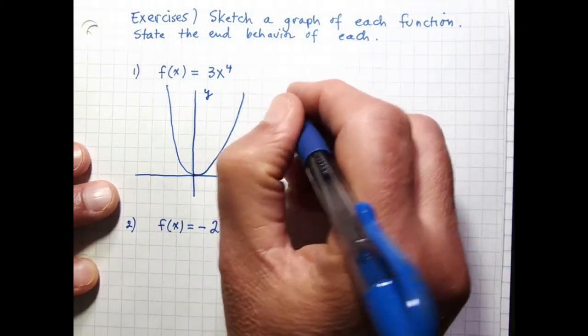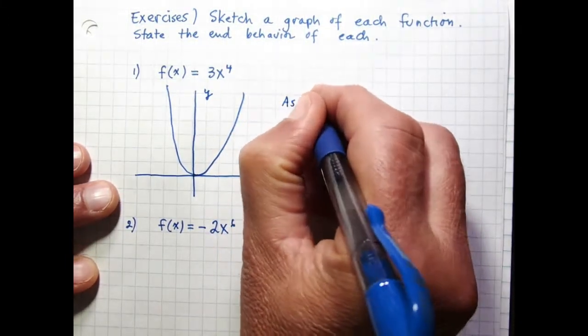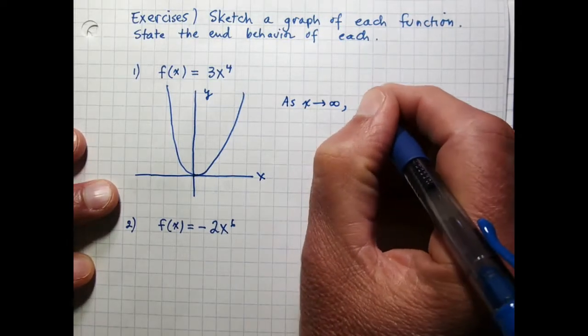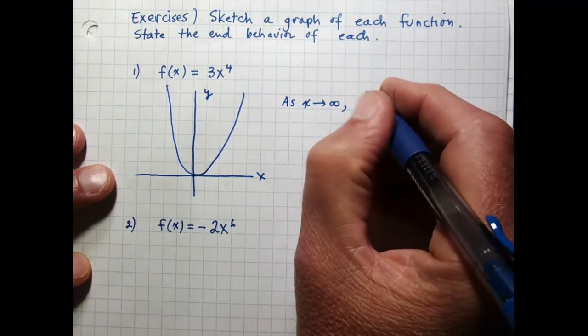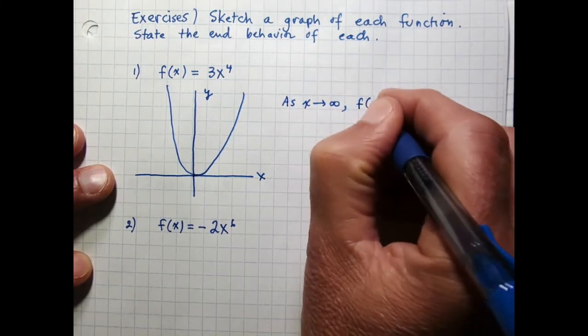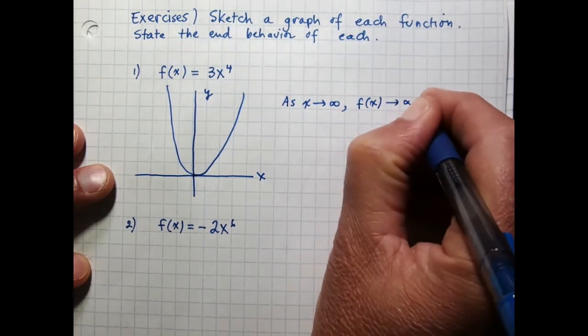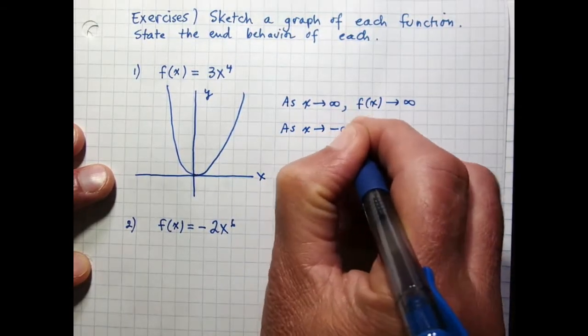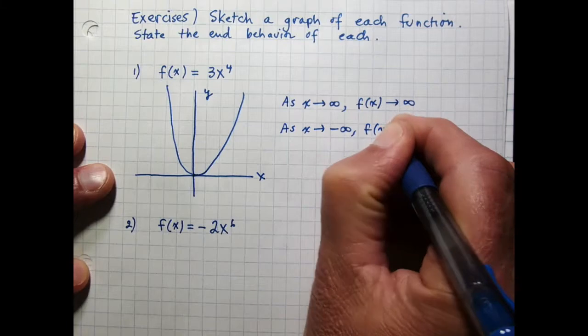And you need to describe the end behavior. And this is the same as the end behavior of any even polynomial power function. So as x approaches infinity, f of x approaches infinity. As x approaches minus infinity, f of x approaches infinity.